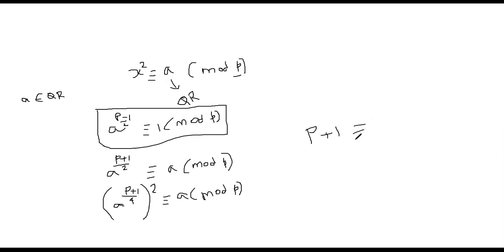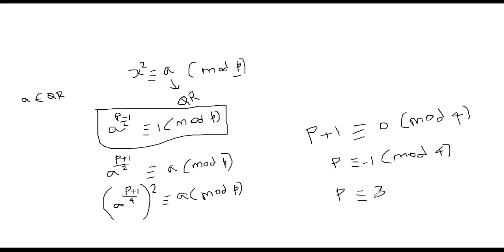Well, this means that p is congruent to minus 1 mod 4. What is minus 1 in mod 4? Minus 1 means 3 in mod 4. So p is congruent to 3 mod 4. If p is congruent to 3 mod 4, then we know how to solve this equation very quickly using this little trick that I mentioned.